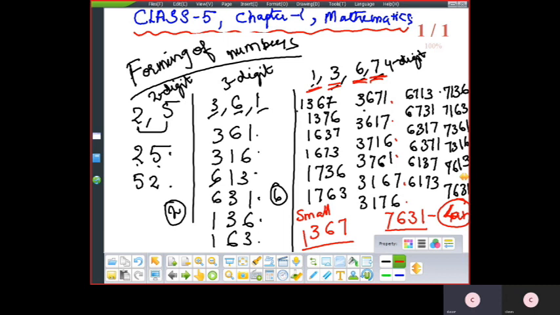So this is forming of the numbers, children. Okay. Is it clear? So you can make some more numbers. Yes, children? Okay. So let me do one more word problem.